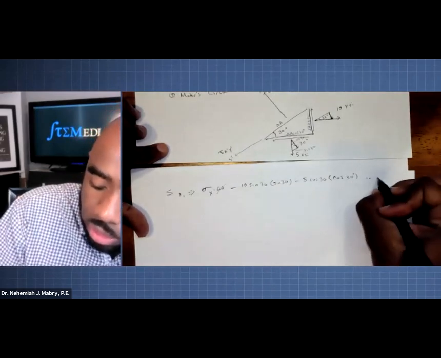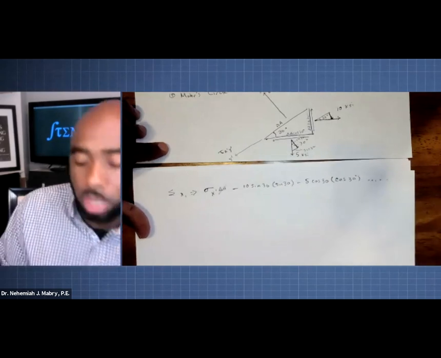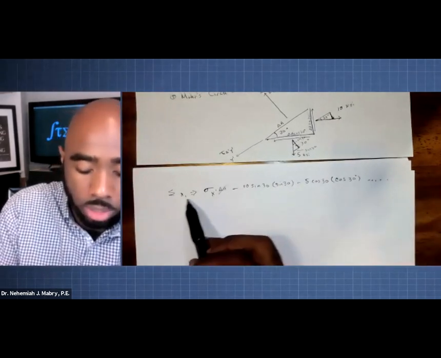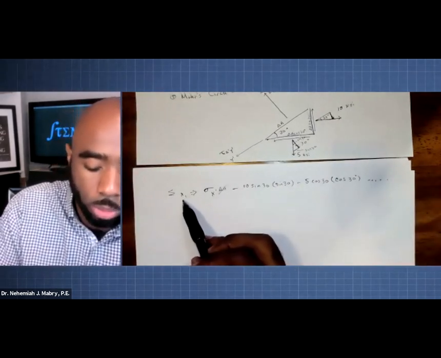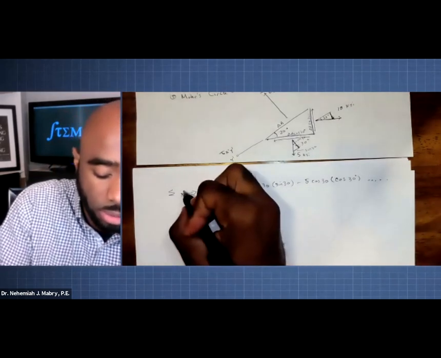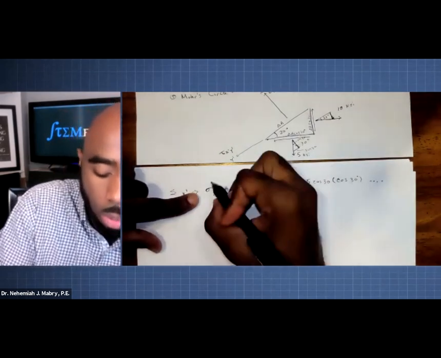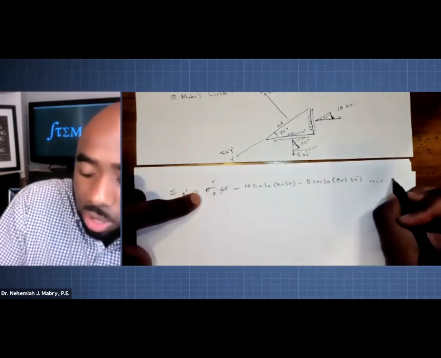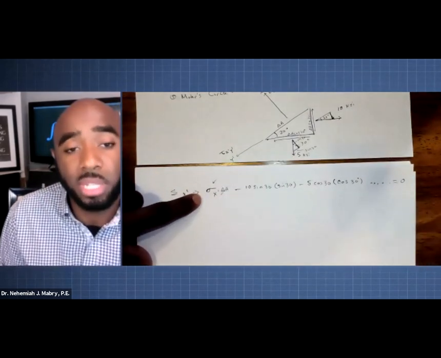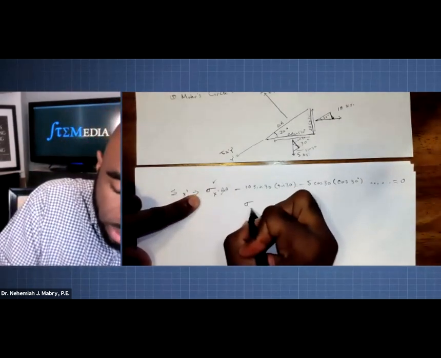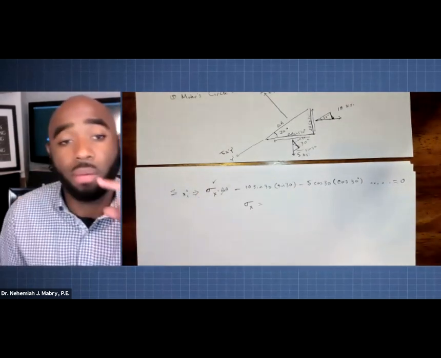And so forth and so on. You're going to go all the way around and make sure you got all of your terms that are going in the X prime direction. The only unknown when you're done, after you set it all equal to 0, should be sigma X prime, and it's just a matter of getting it into your calculator and solving for that.